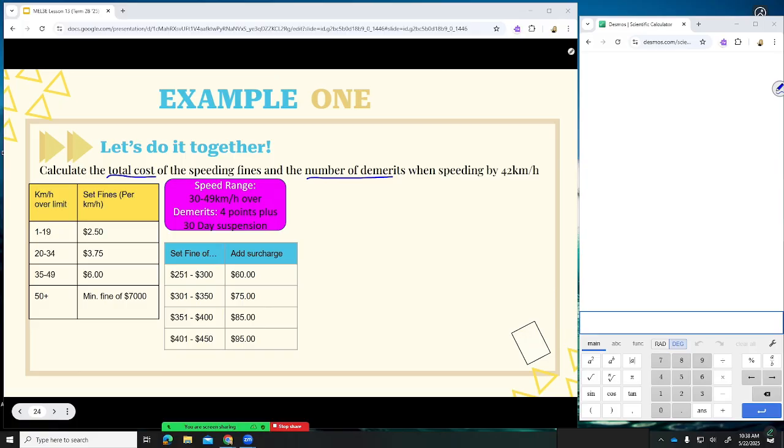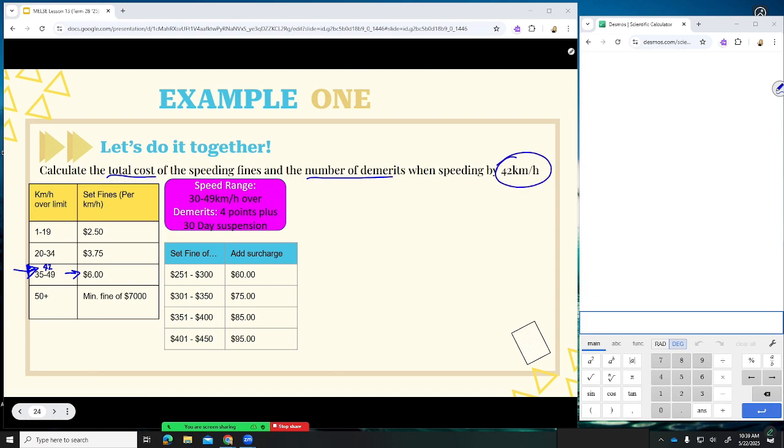We then look at our set fine. Because we're speeding by 42 kilometers, we fall into this third bracket. The kilometers per hour over the limit is 35 to 49. We fall in there at 42, which means we need to apply $6 to every kilometer we went over. This one gives it to us; we don't have to calculate how many we went over.